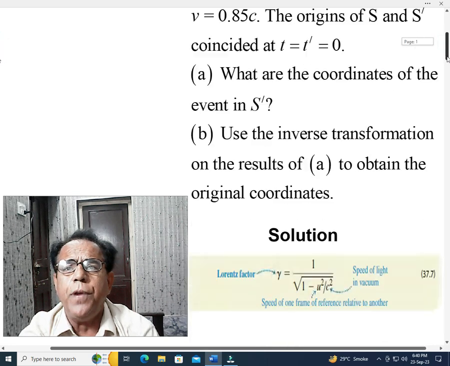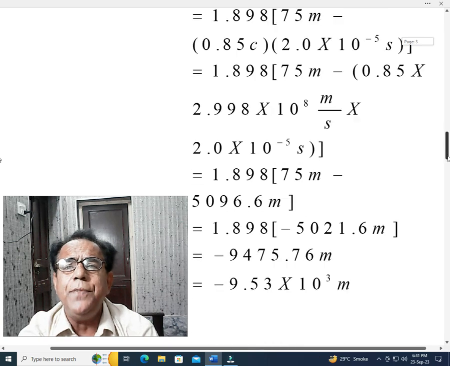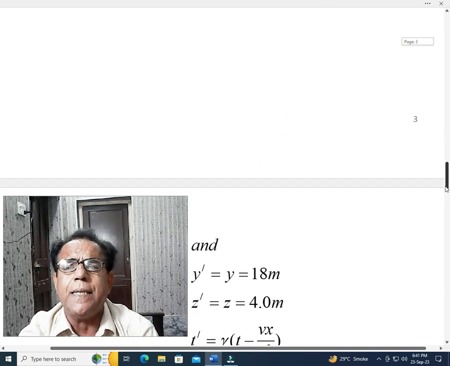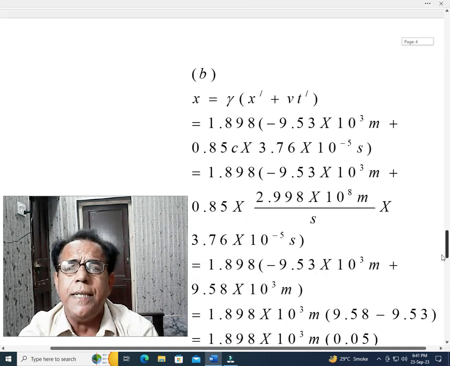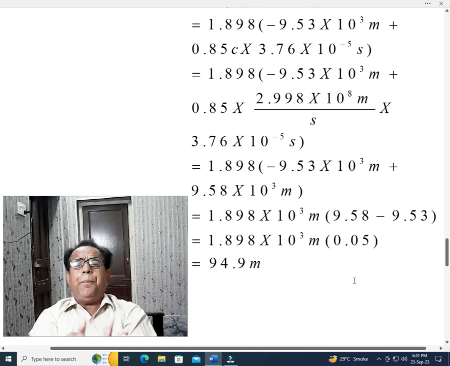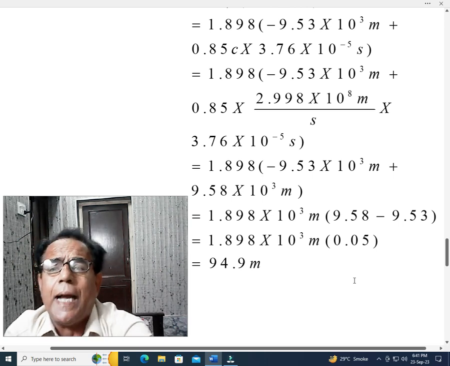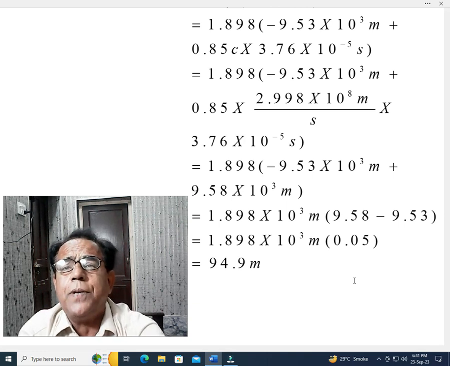So the answer is actually given in the problem statement, but we have just to counter check through inverse transformation, and unfortunately our result is varying to enough extent. 75 and 94, there is enough difference, not a negligible difference.